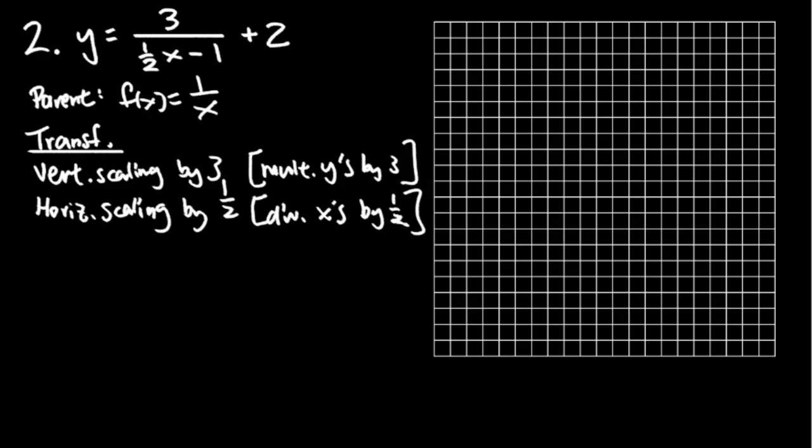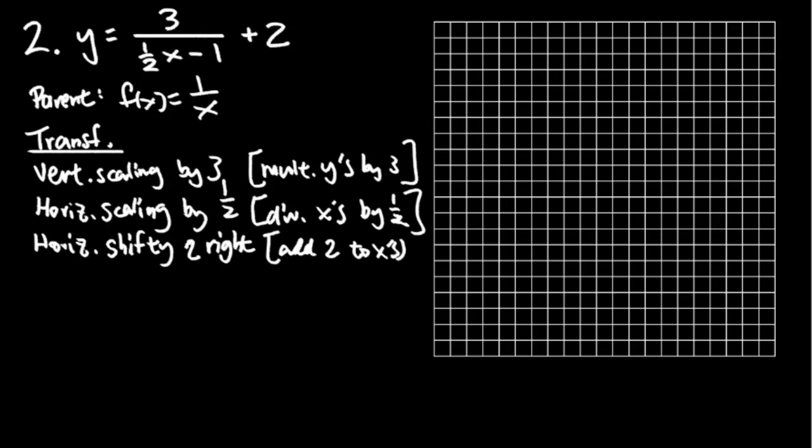And then at -1, that's going to be a horizontal shift, or you can say translation. I'm just going to put shift because it's shorter here. Okay, so it's h over b. H here is positive. 1 over 1/2 gives us 2. So since it's 2, and that's positive, it's going right. So add 2 to x's.